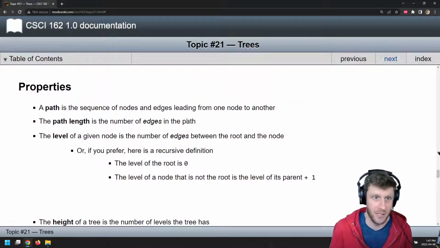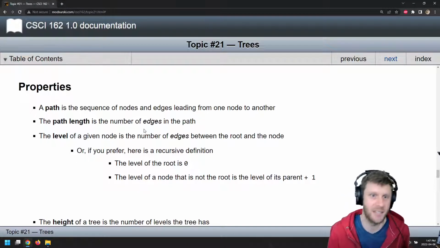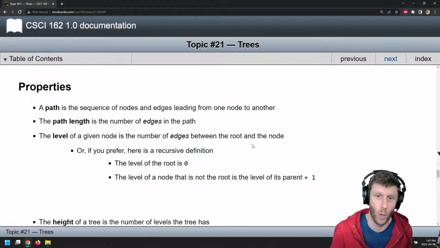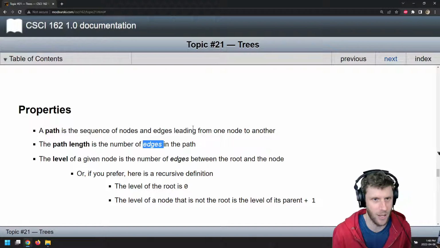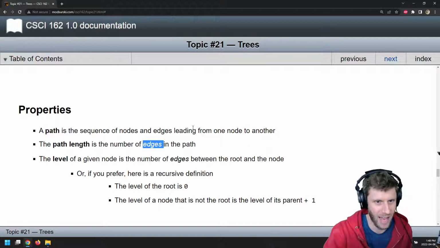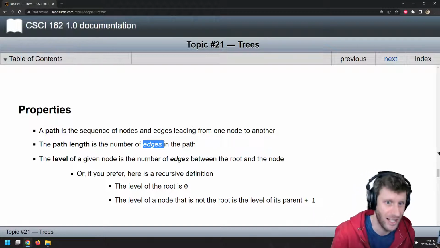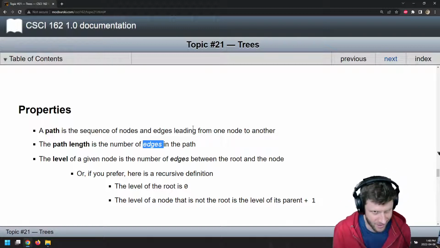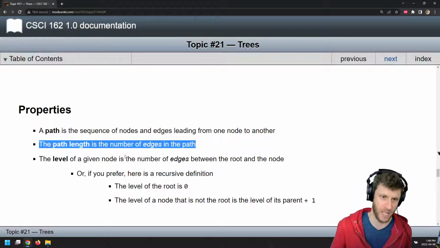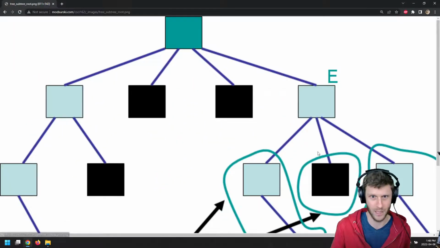Okay, properties. A path is a sequence of nodes and edges leading from one to another. A path length is the number of edges in the path. Everyone say out loud, the path length is the number of edges in the path, not nodes, edges.